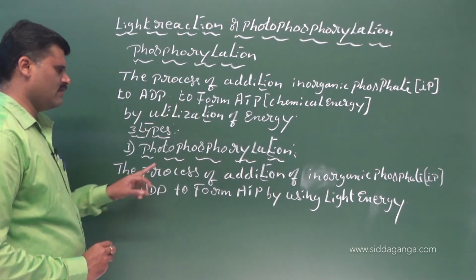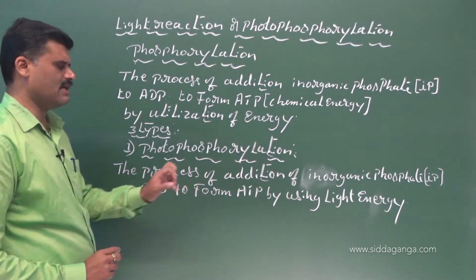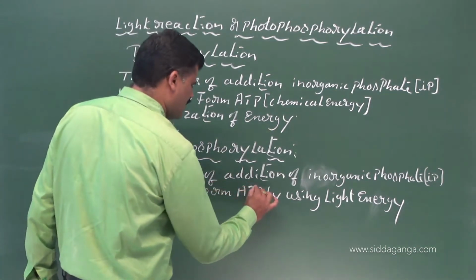So, addition of inorganic phosphate to ADP to form ATP by using light energy.